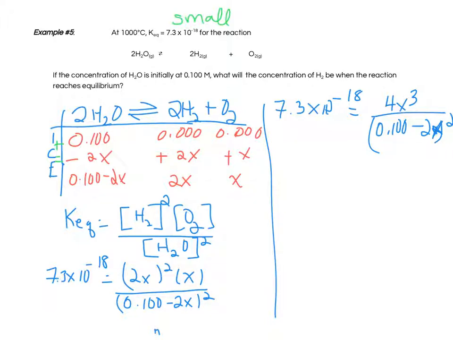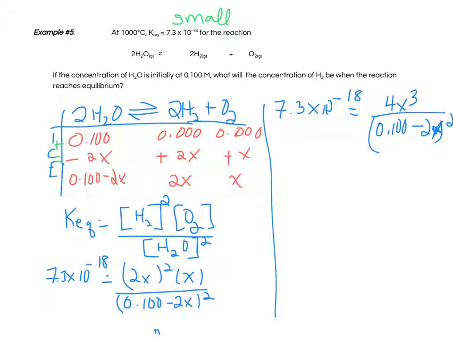All right, so here's where chemistry and math deviate, and we're going to have to do some practical stuff here in estimating. I don't know about you, but I am not in the mood to solve a cubic function, so instead I'm going to do a little bit of reasoning. So remember at the beginning of this question, we talked about how the amounts of H2 and O2 would be really small at equilibrium, as indicated by my small K value.